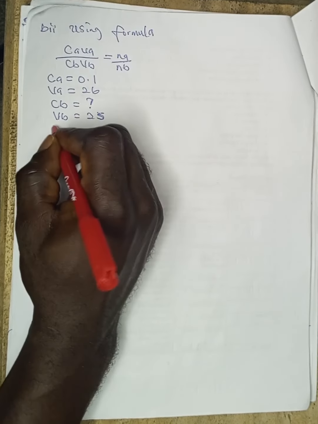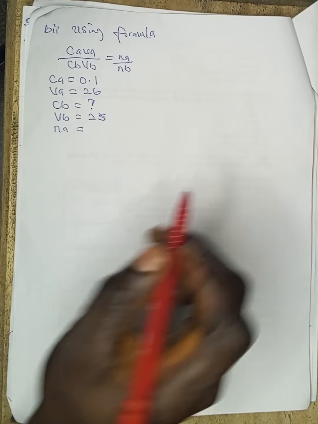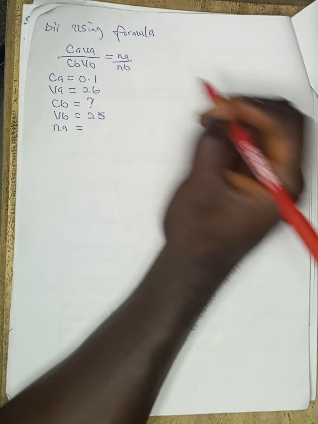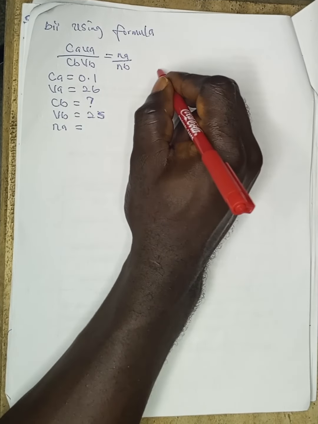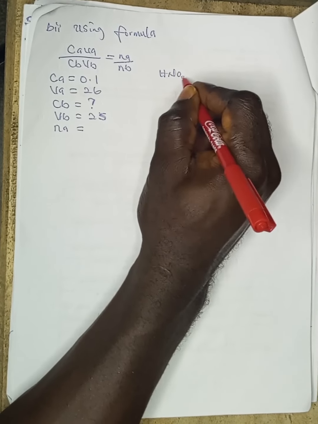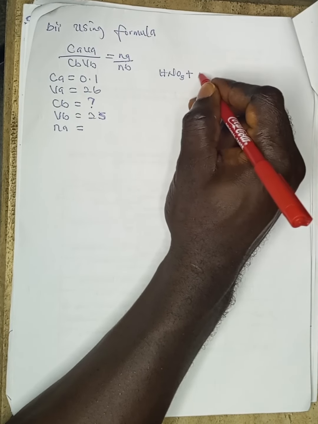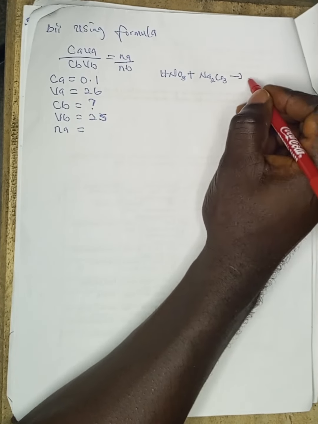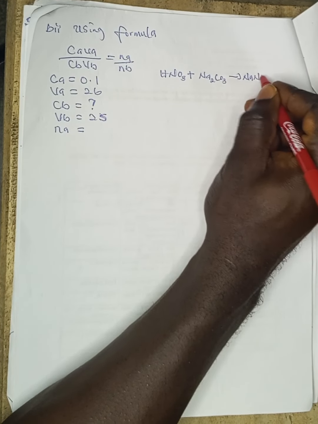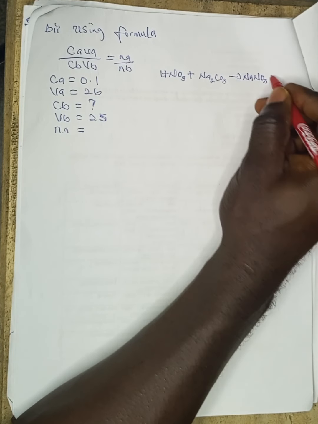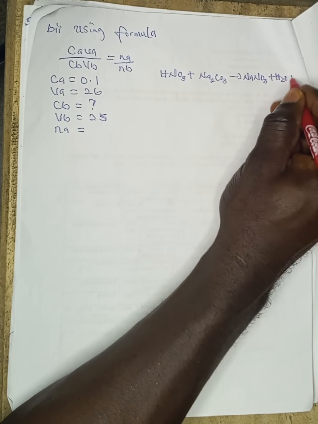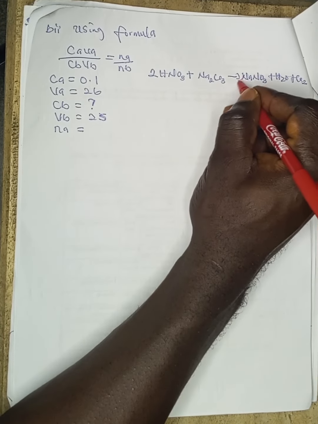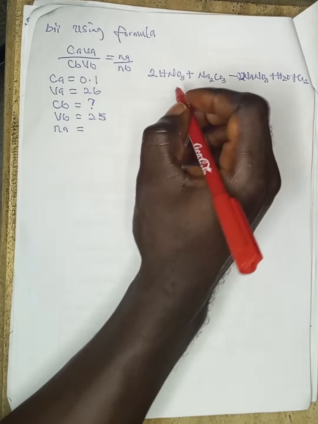The next thing is NA. Remember, the equation of the reaction is HNO3 plus Na2CO3 gives NaNO3 plus H2O plus CO2. So here we have 2 here, and 2 here. So the mole ratio is what?